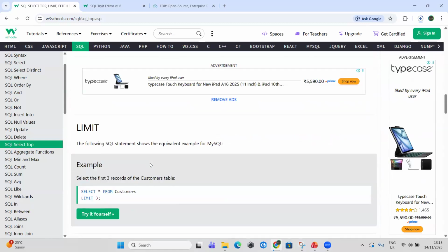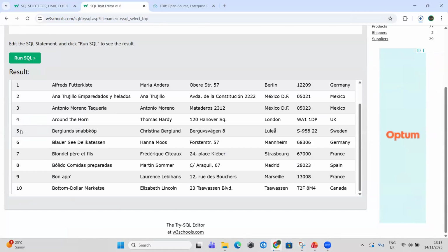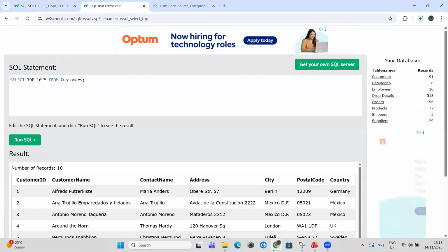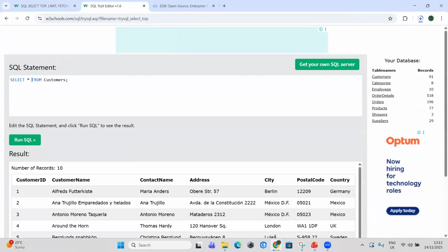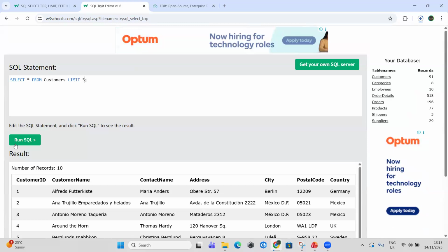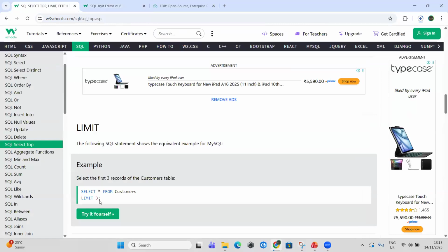Now there is another way to do the same. Instead of top three, I say that I want to limit the entries of my data, for example limit the data to five results only. So what if I use limit five?